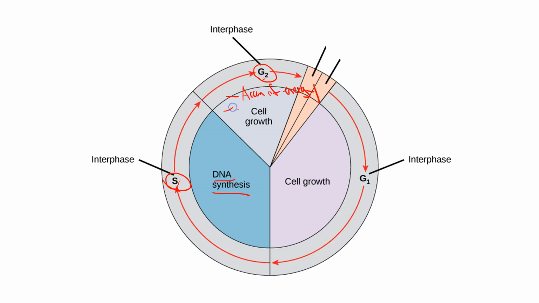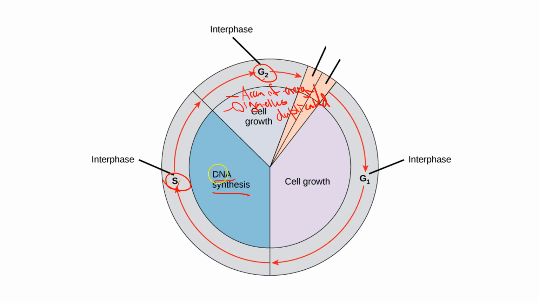And then another thing that happens is that some of the organelles are going to be dismantled and duplicated. A lot of the membranous organelles, like the endoplasmic reticulum and the Golgi apparatus, start fragmenting and then going their separate ways to form two new organelles.